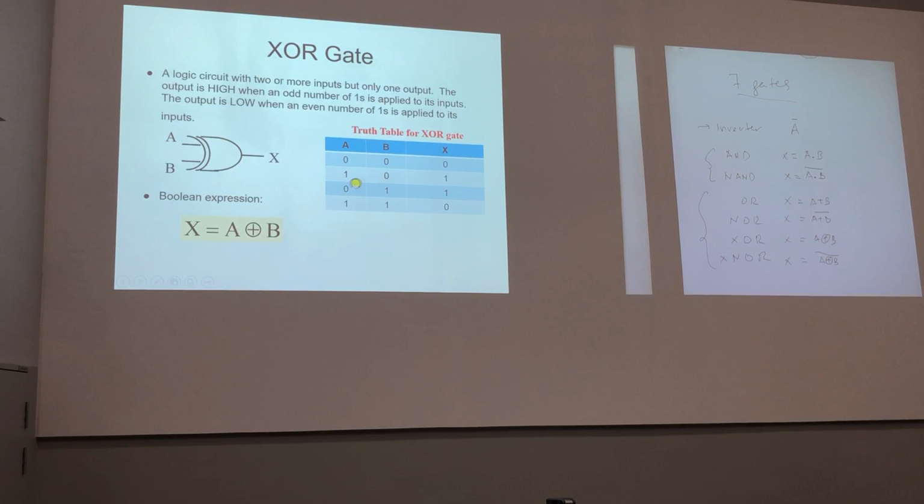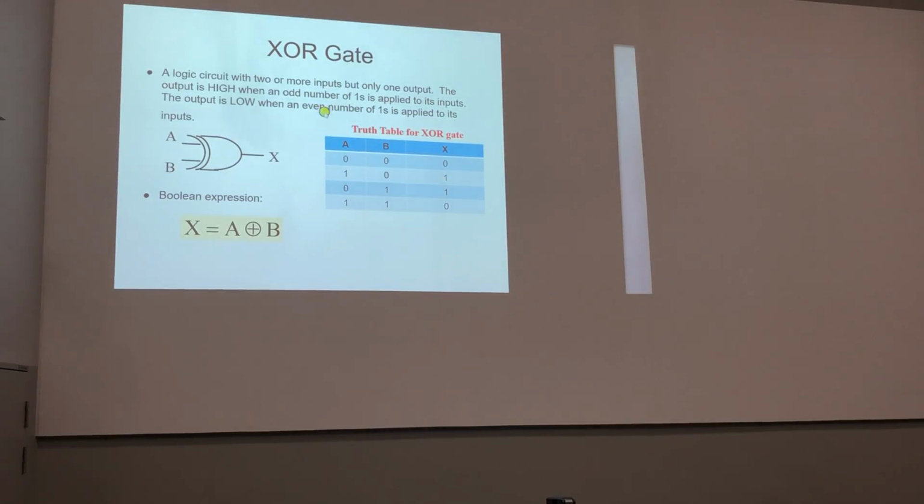How many 1s do I have here? 1. And this 1 is actually an odd number, right? So when it's an odd number, I should have a high, which is 1. So this one is an odd number, this one is an odd number, so I got a 1. It's only when the number of 1s is even that I get a low, which is 0.